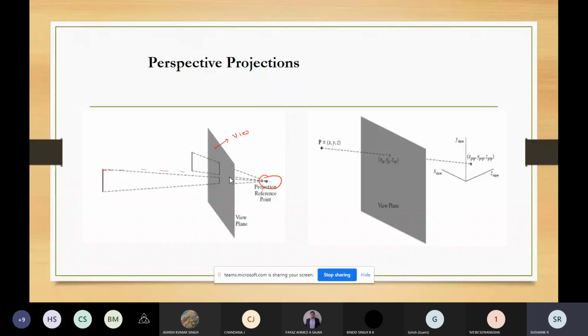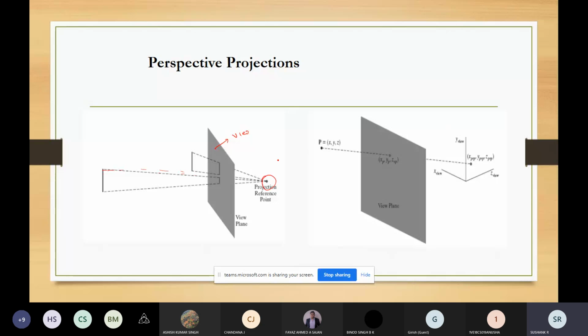From the object, you are drawing lines which converge at some point beyond the projection plane. This point at which they converge, you will call the projection reference point.